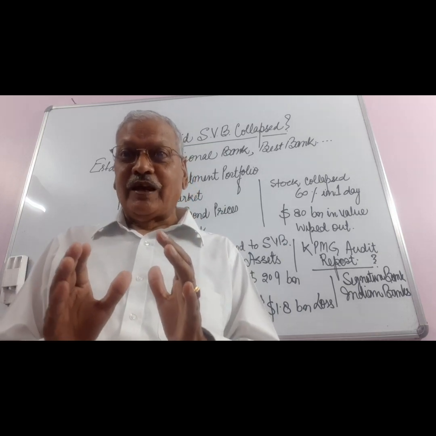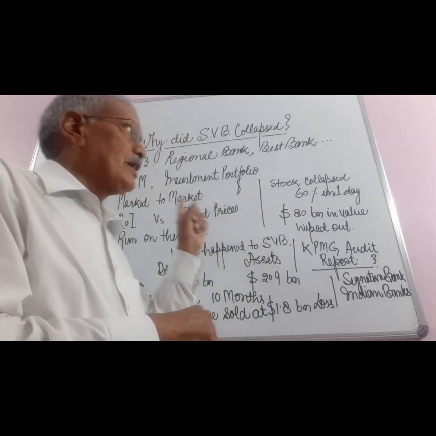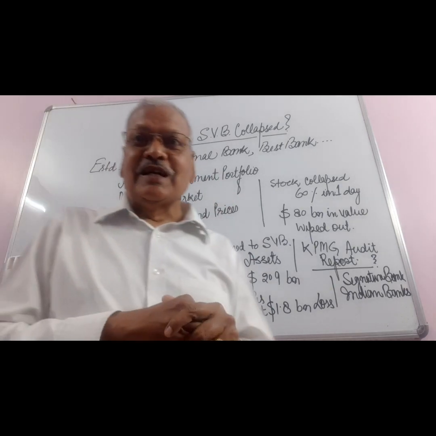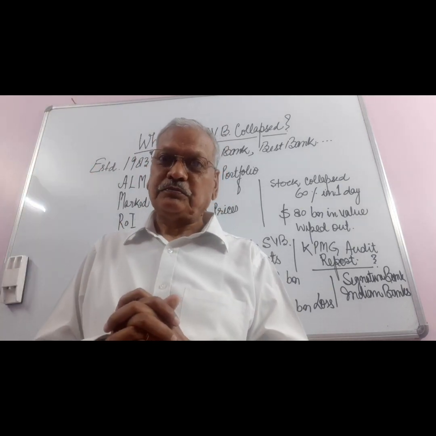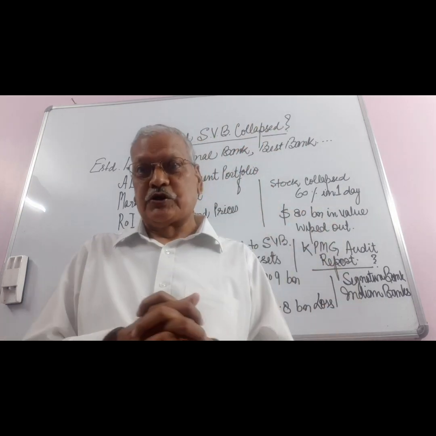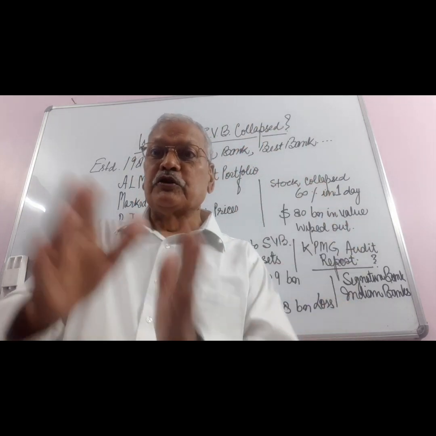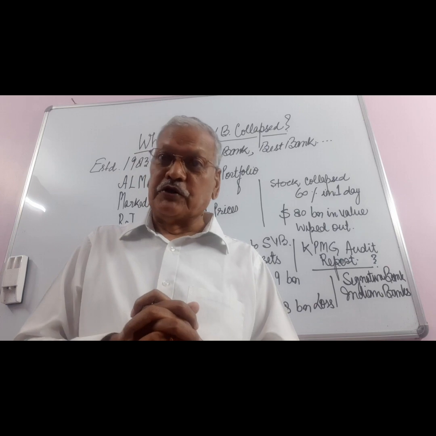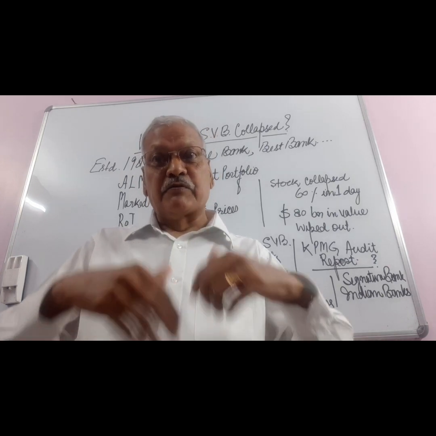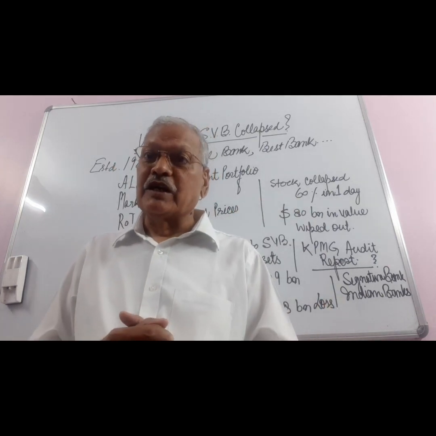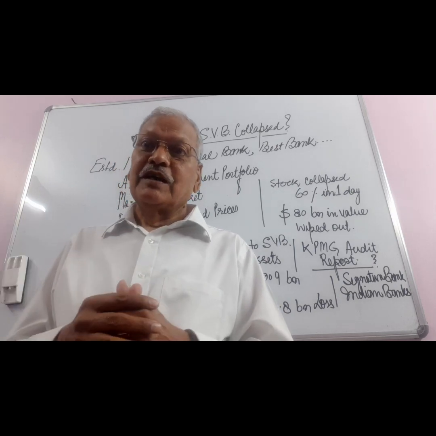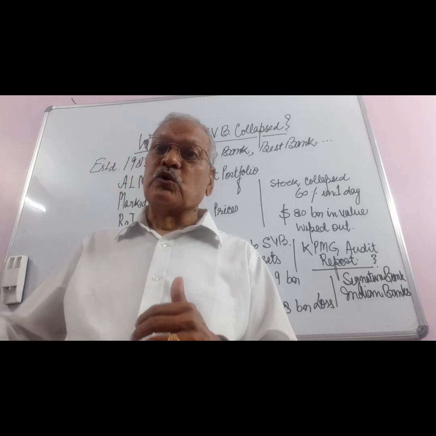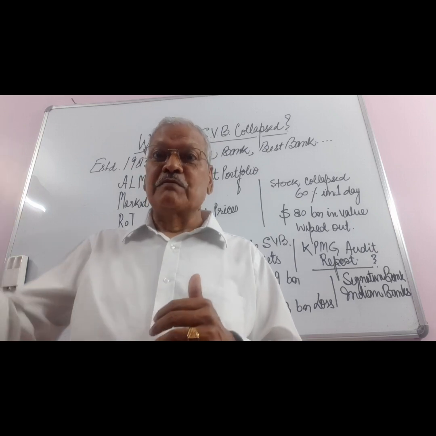because you have to go back to asset and liability management. Our assets are loans and advances and investments. Liabilities are deposits. If most of the depositors are queuing up to withdraw their deposits, we have to meet the demand immediately, whereas our advances recovery will come in due course over a period of time.